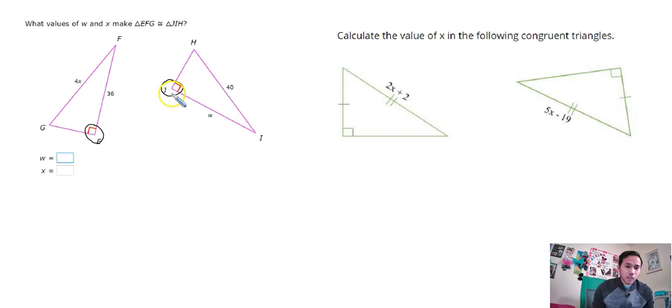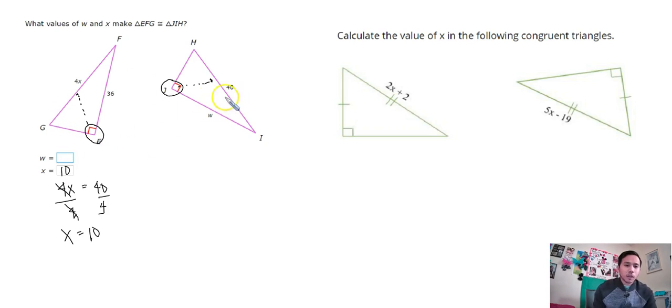Angle E corresponds to J, which is opposite to 4x. So you take a look at the opposite. Therefore, these two must be congruent. So you have 4x equal to 40. Divide by 4. Therefore, x is equal to 10. So your x here will be 10.